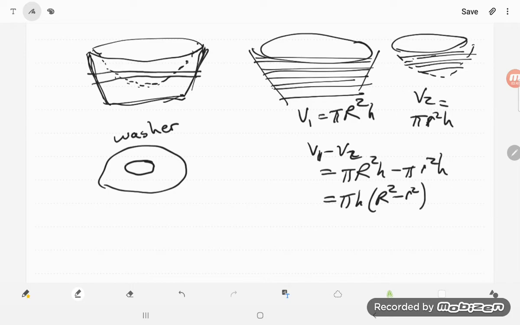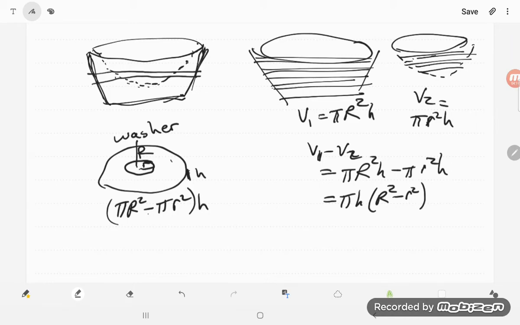because it's the same sort of thing here, right? Here's little r, there's big R, and to find that area, I could just take pi big R squared minus pi little r squared. And then if I add a thickness of h, I can multiply that by h and still factor the pi out.